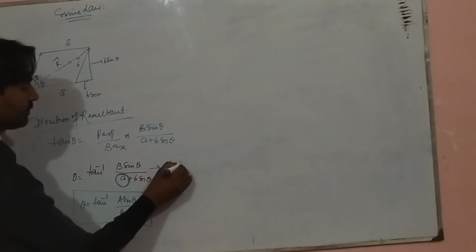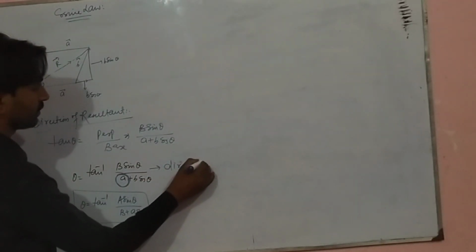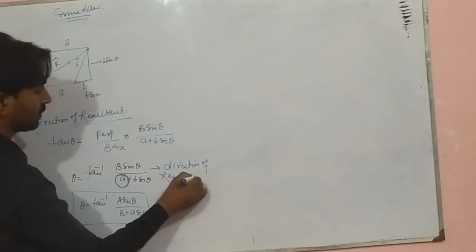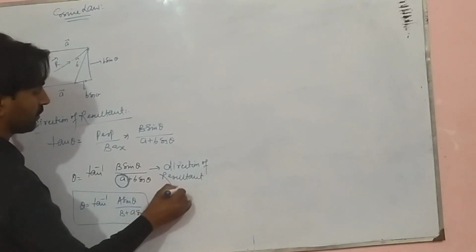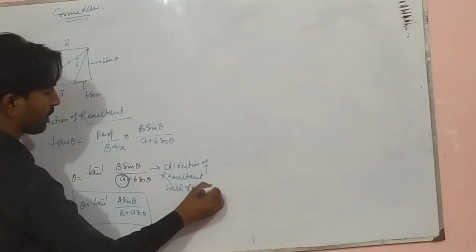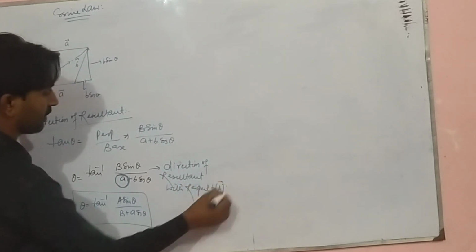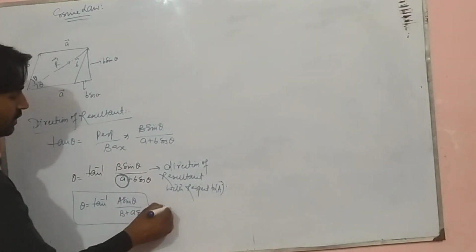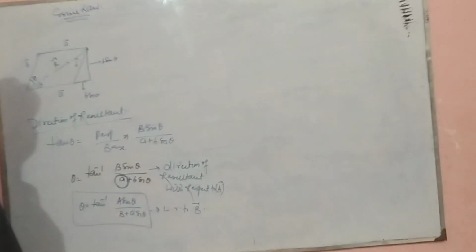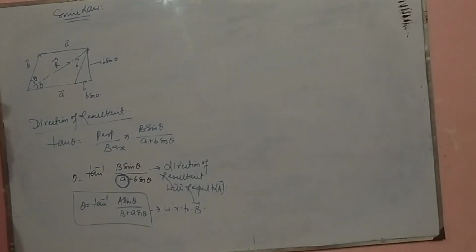So these are the directions of the resultant with respect to the a vector and with respect to the b vector.